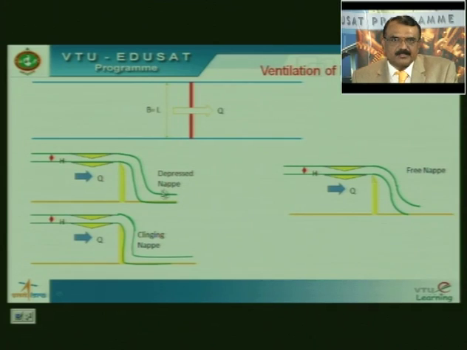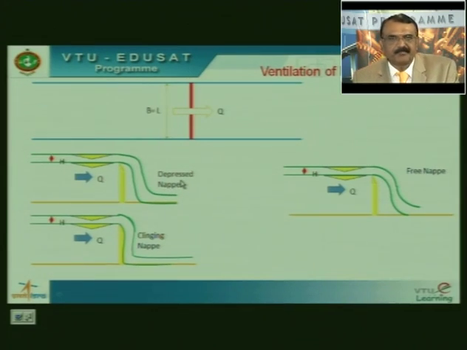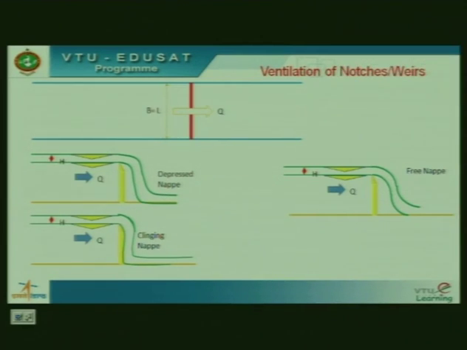Now, if this process continues, at one given point of time, this complete free jet of water almost sticks to the wall of the notch. That type of nappe is known as a clinging nappe.